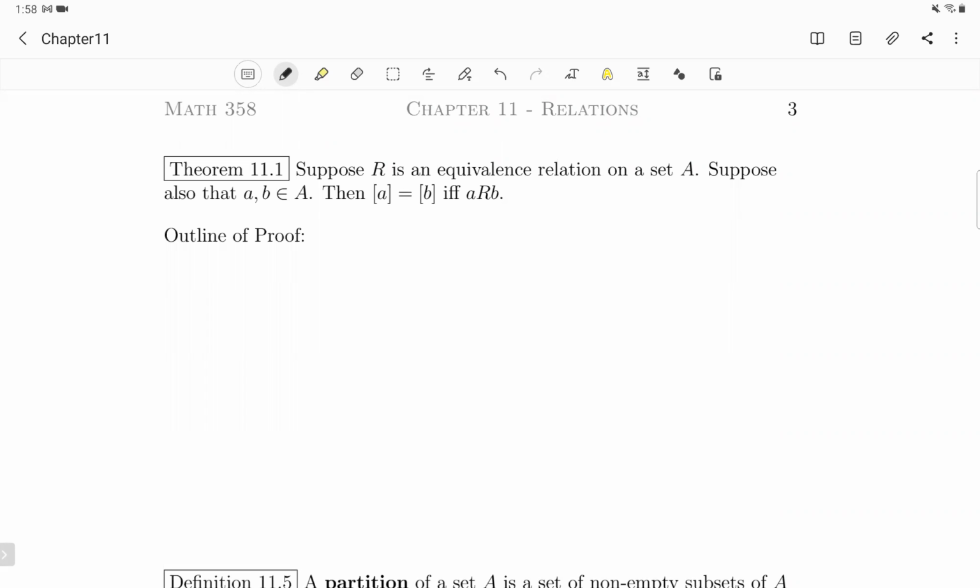And I put outline. When I put outline, that means I don't feel like writing all the sentences, so we're just going to write the logic. But in a real proof, you'd convert all these to sentences. Okay, so let's go with this direction first. So we're going to assume A and B have equal equivalence classes.